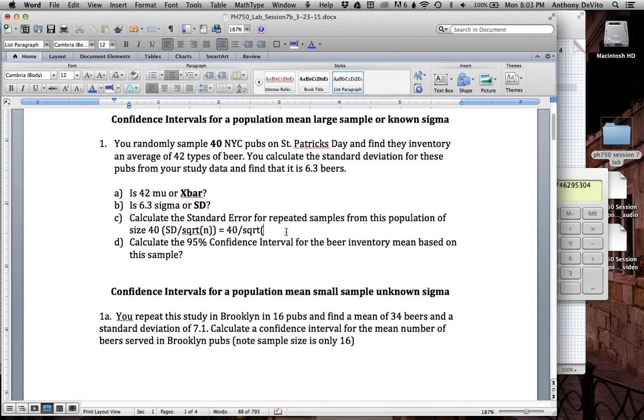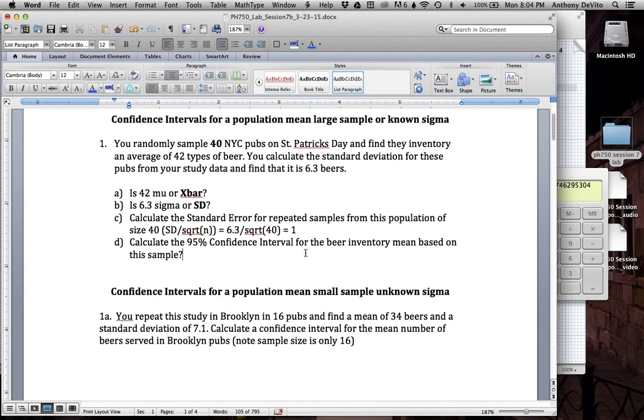It's the standard deviation, 6.3, divided by the square root of the sample size, 40. Excuse me, I'm confusing myself here. It's approximately 1. Okay, so the standard error is equal to 1. Calculate the 95% confidence interval for the beer inventory in the average pub in all of New York.